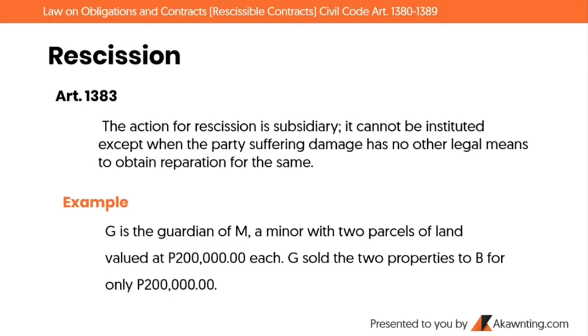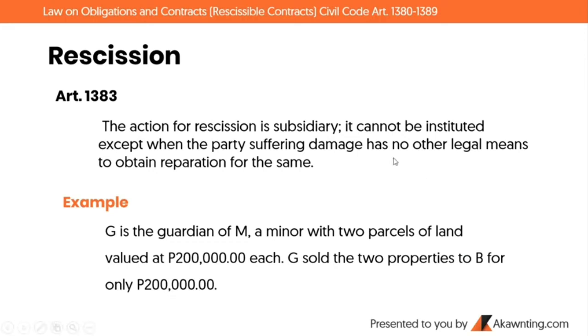We invalidate the contract, from being a valid, enforceable, and binding contract, it becomes as if void. But the difference is that a void contract, in the first place, has no effect; it is not valid, not enforceable, and not binding. When we say rescission, we end the validity of a certain defective contract. In this case, we are referring to a rescissible contract.